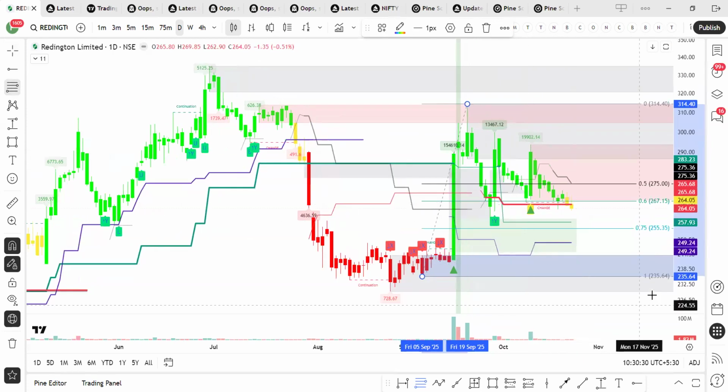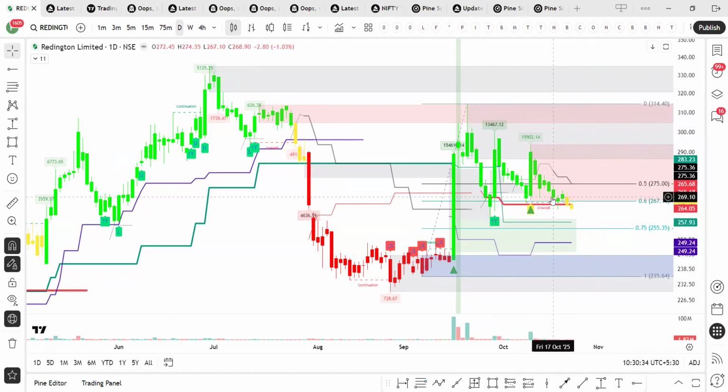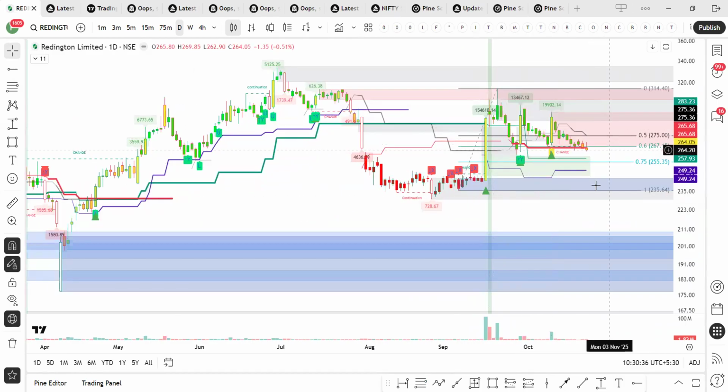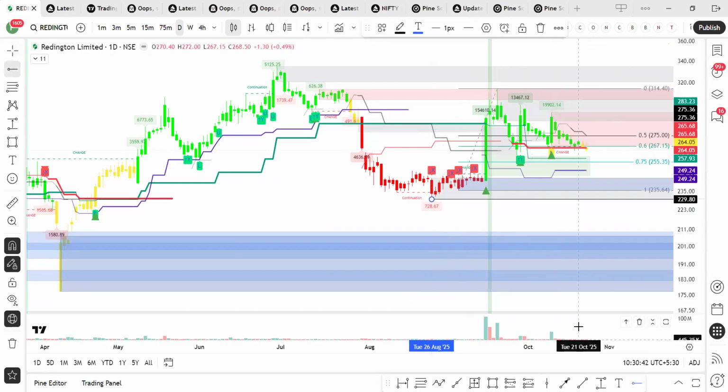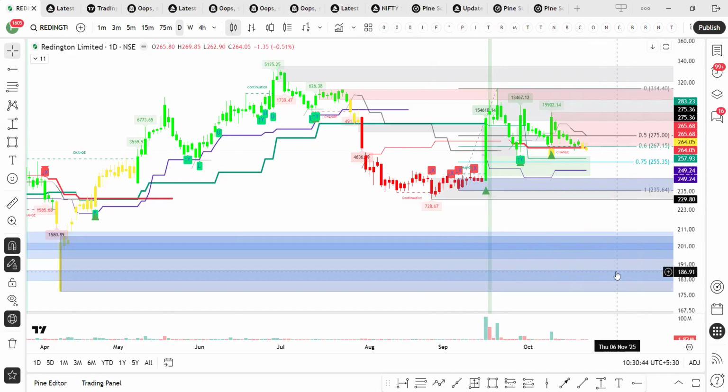So yes, it has given more than 60% retracements already. So if we buy here, stop loss will be below this. There are two buy areas and stop loss will be a daily candle close below 229. If I want to buy at 75% retracement, then 255, 256 will be the entry.